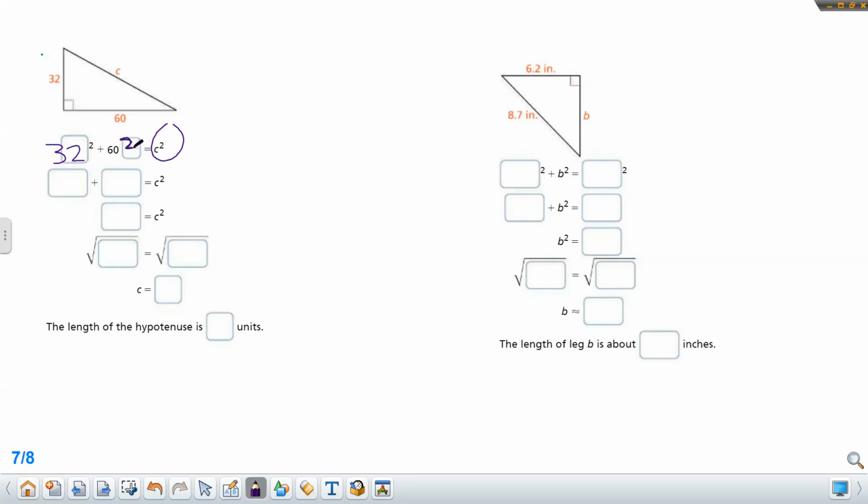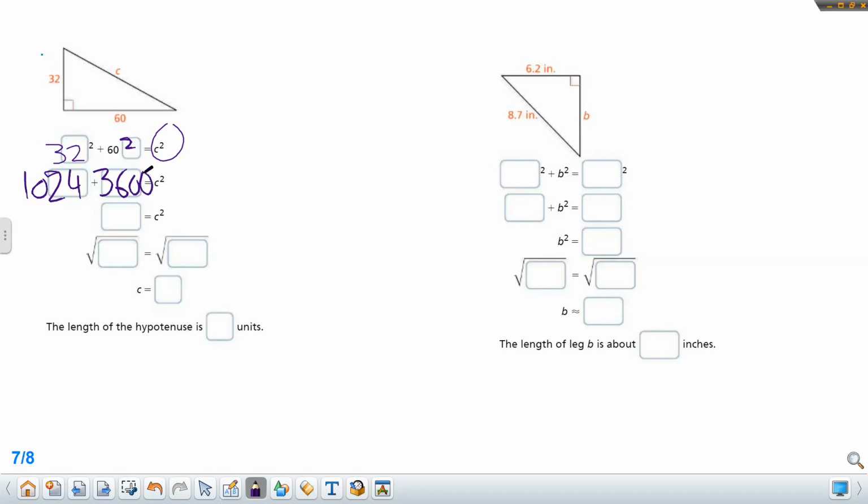The next step: here you need to evaluate it. If you evaluate 32 power 2, it will be 1024, plus 60 power 2, it will be 3600, equals C power 2. Then add them.